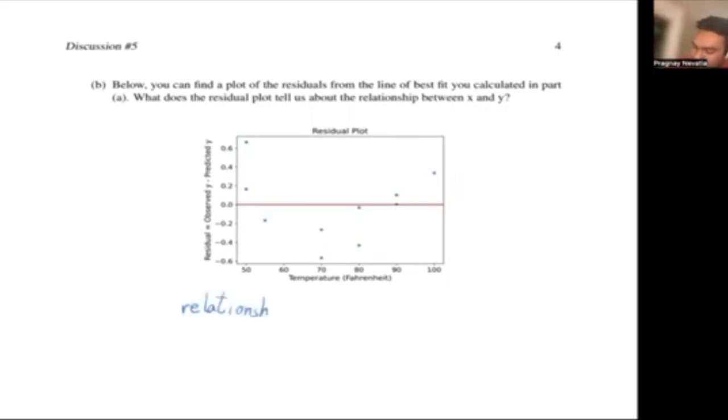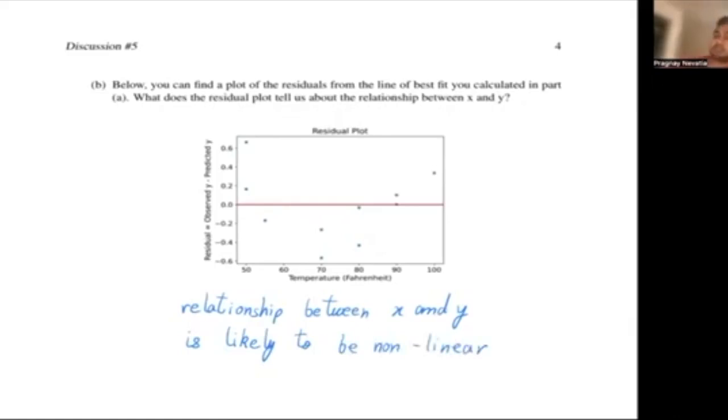Relationship between x and y is likely to be non-linear. That means that we need more features, which is a term you'll get more familiar with over the course. You need more features to better model this scenario.